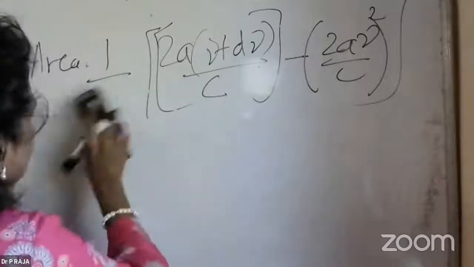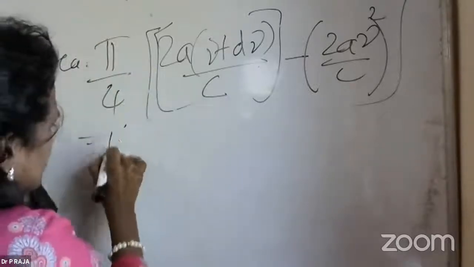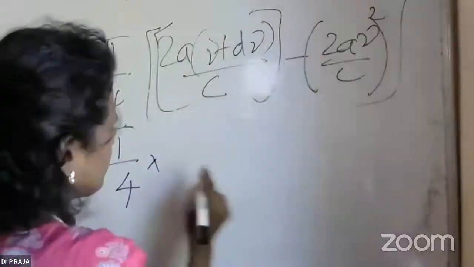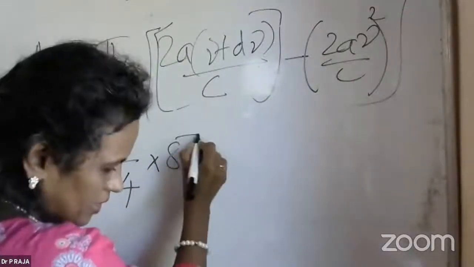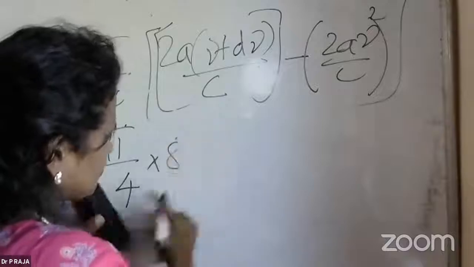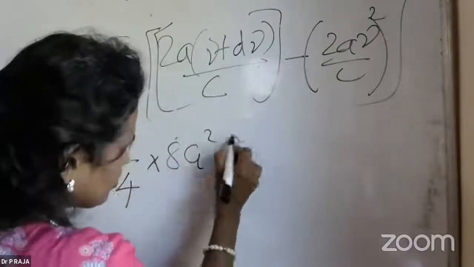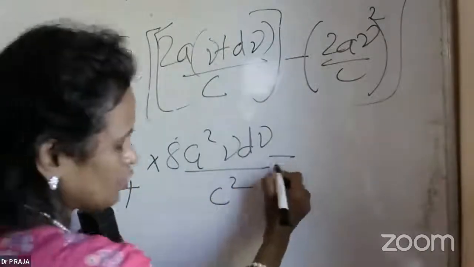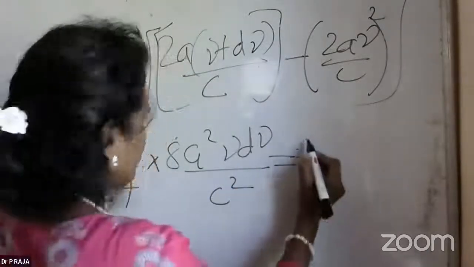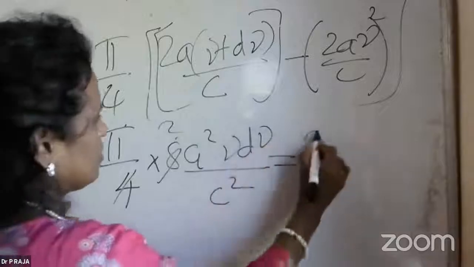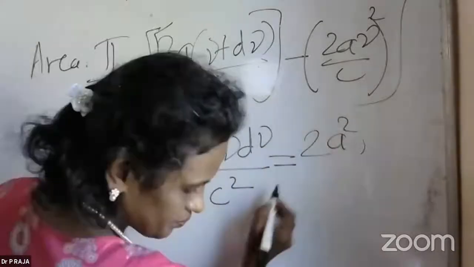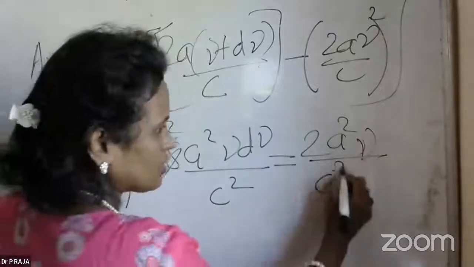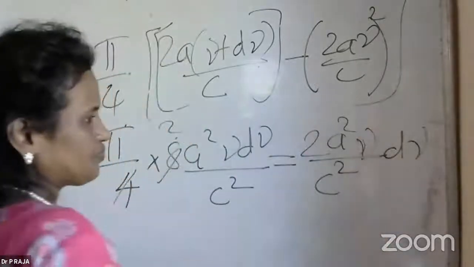If you extend this equation, directly they have given, let me put it as this is not 4 pi, it is pi by 4. So pi by 4 into, solving this equation, it will become 8a square nu d nu by c square. If you cancel this, you will come out with a value of 2a square nu by c square d nu.